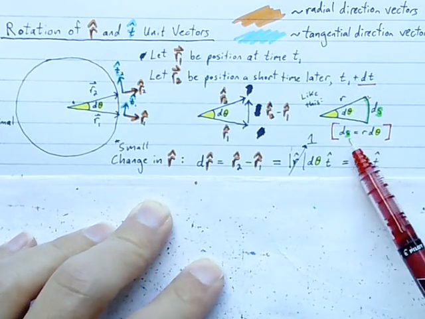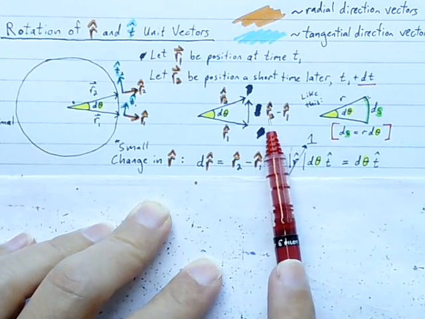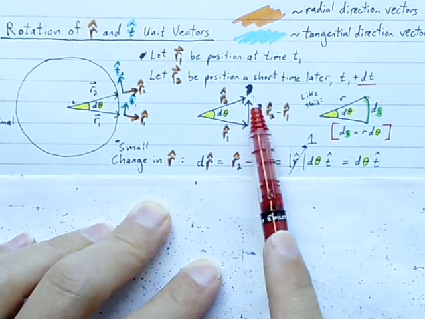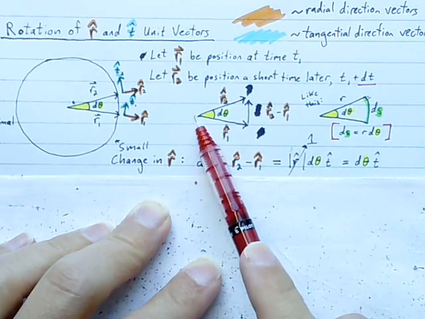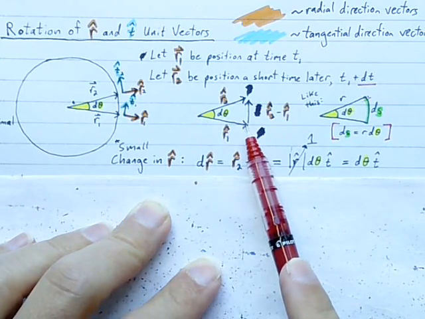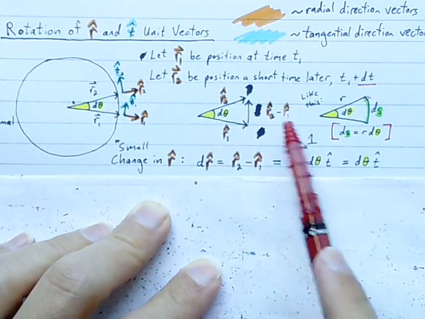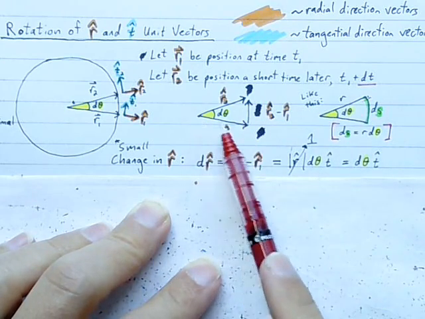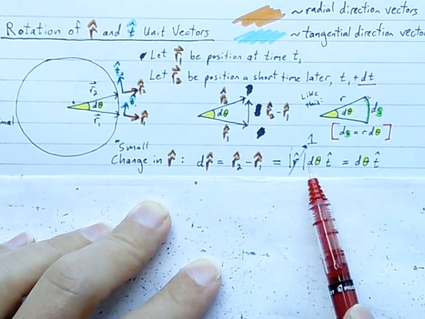So if ds equals r d theta, then r hat 2 minus r hat 1 is equal to the magnitude of r hat 2 or the magnitude of r hat 1, times d theta.